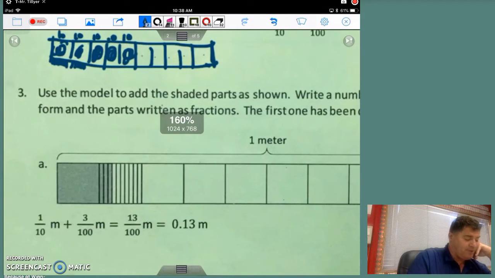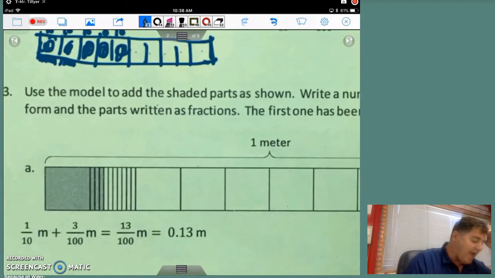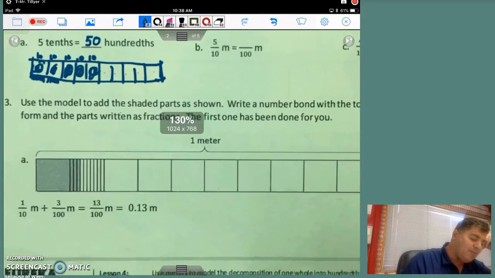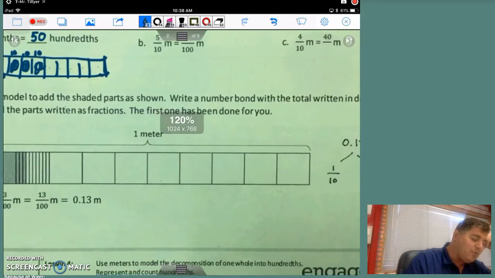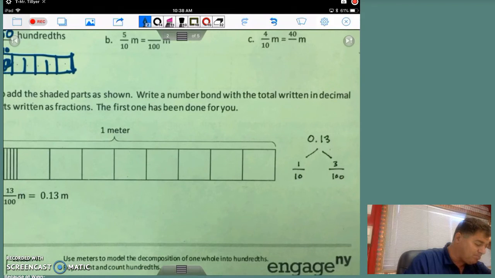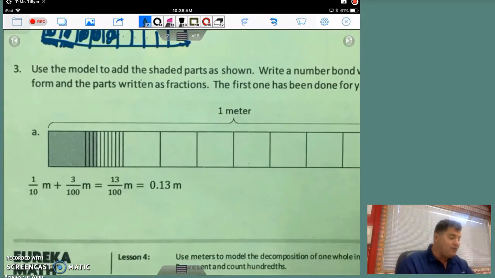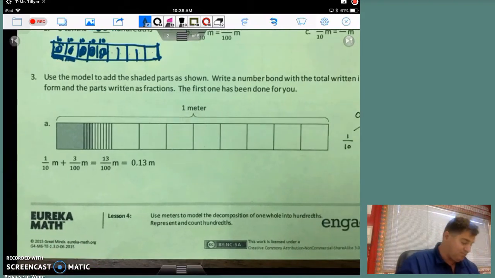All right, let's look at 3. Use the model to add the shaded parts as shown. Write a number bond with the total written in decimal form and the parts written as fractions. The first one has been done for you. So right here you can see the shaded part.